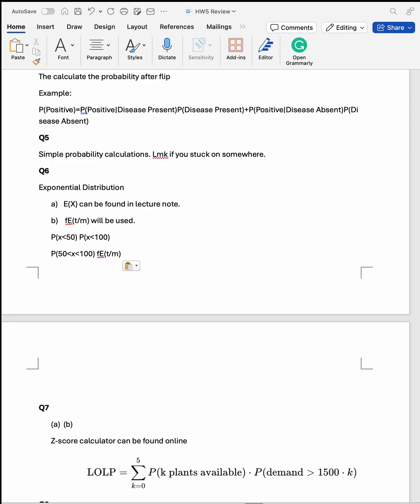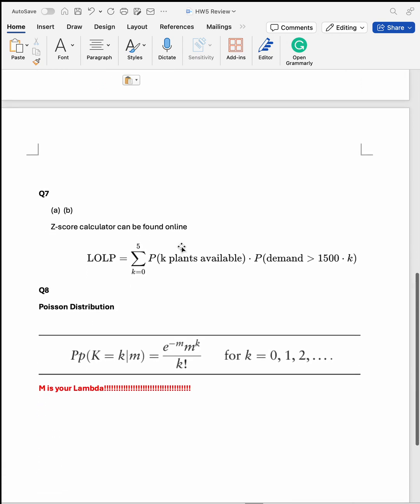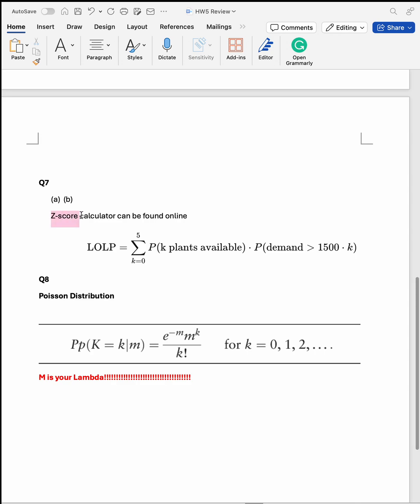All right, let's move on to number 7. I feel that both parts A and B are a little bit tricky because we didn't cover that in class during the lecture.